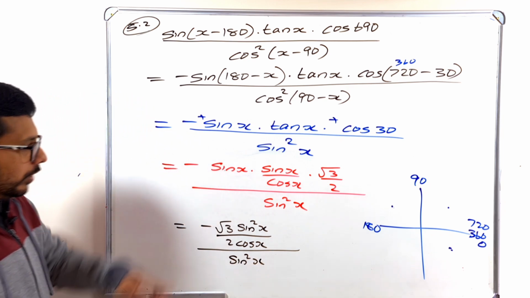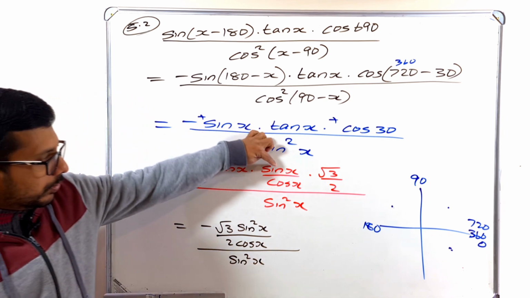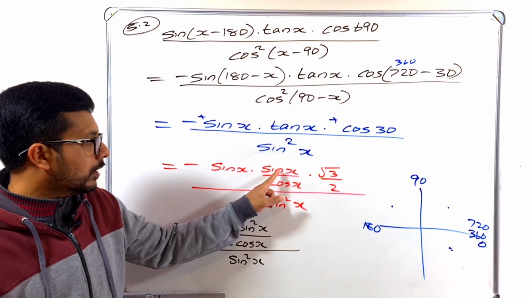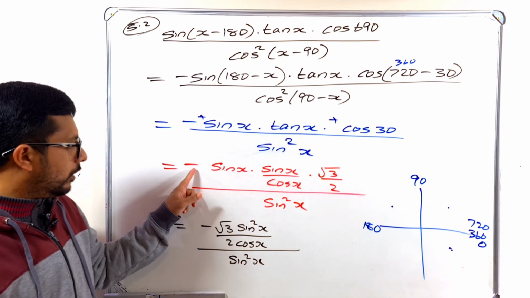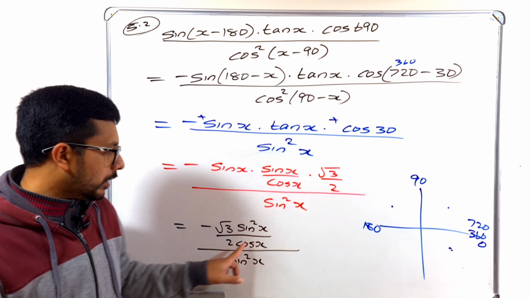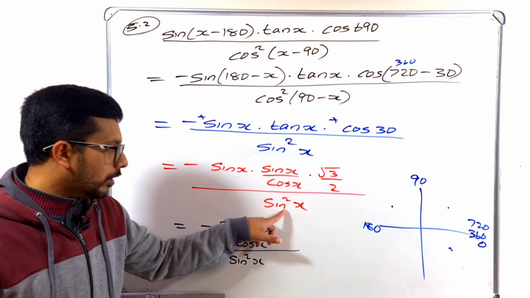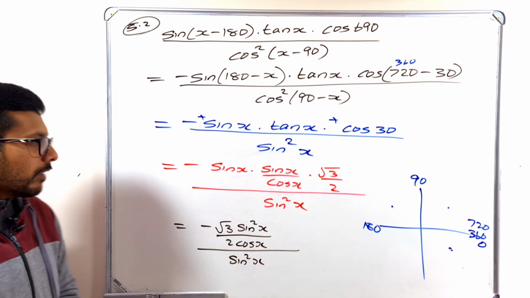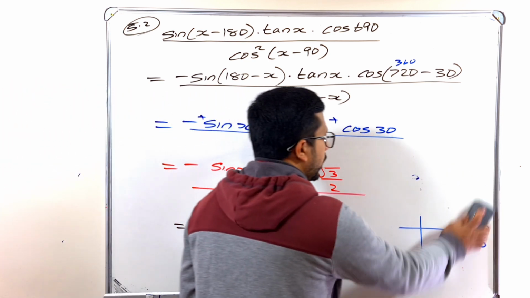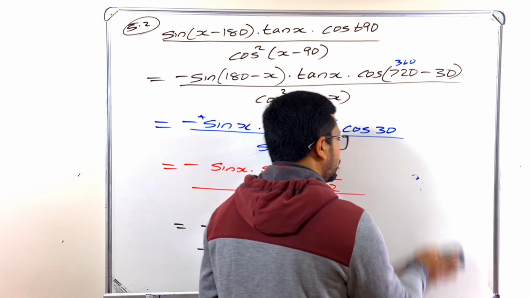Look at this one, minus into sine x into root 3, that is minus root 3 sine square x, then this one, 2 into cos x, that is 2 cos x, the whole divided by sine square x. In other lessons, I explained this many times.